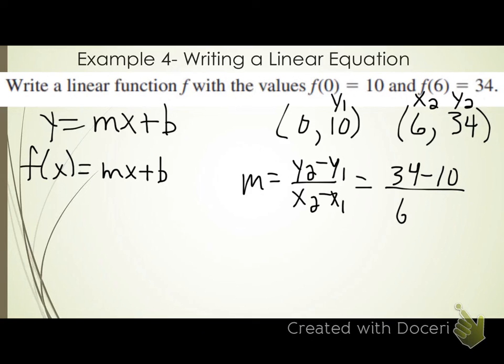Minus, what's my first x value? 0. We okay plugging into the slope formula? 34 minus 10 is 24. 6 minus 0 is 6. 24 divided by 6 is 4. We okay finding slope given 2 points?